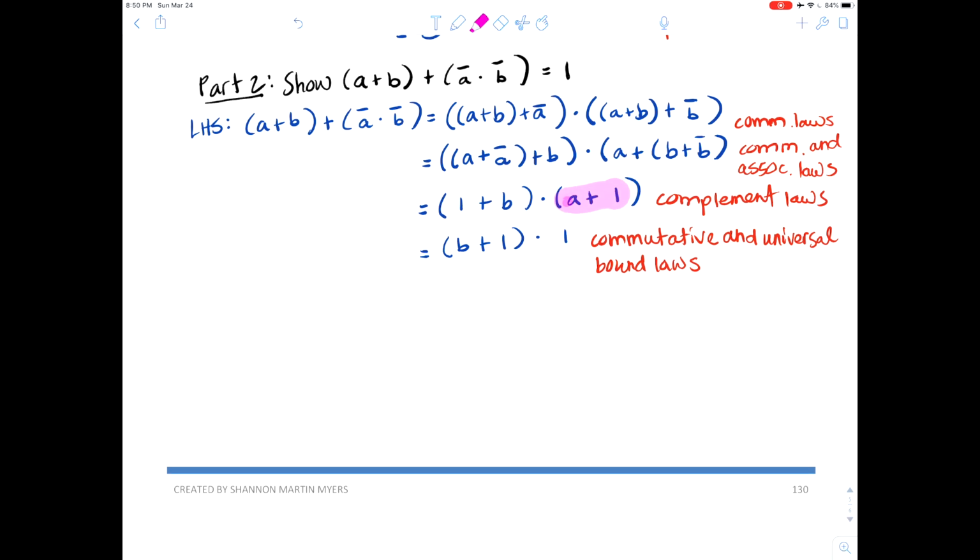And so this here was the universal bound part. And now we'll use the universal bound for this part here. B or 1 is going to be 1. And then we'll have 1 and 1. So that was from the universal bound laws again.